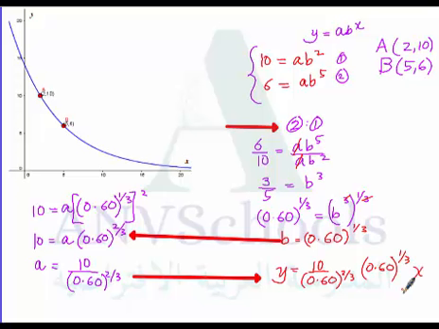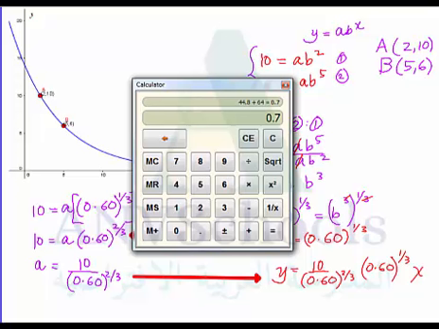That is the exact amount of the values of a and b. Now, that's exact, but we could actually make use of decimals. So a is 10 divided by 0.60 raised to 2/3.